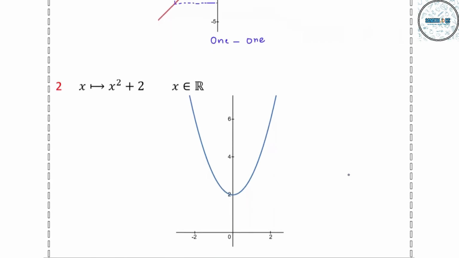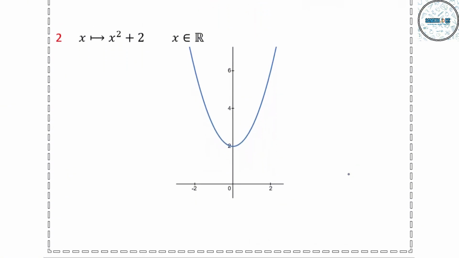Let's do another question. Here x is mapped to x squared plus 2 and x belongs to real numbers. You can see it is a quadratic curve. Now, if we consider this input, then it has one output, this one, and the same output is there for this value of x as well.